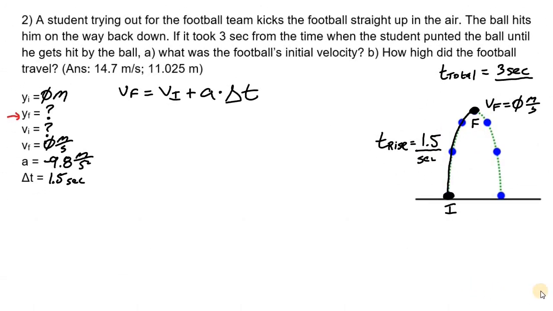Okay, so let's plug in our given information now. So we have our VF, which is 0. That's at the maximum height. VI is what we're trying to find, plus our acceleration, which is our negative 9.8, times our delta T, which is our 1.5.